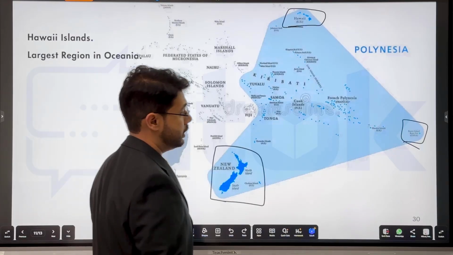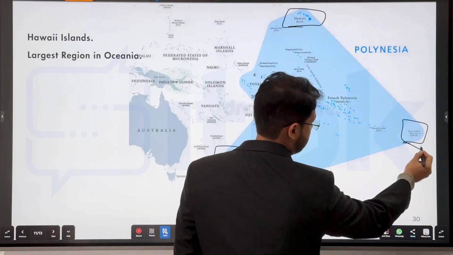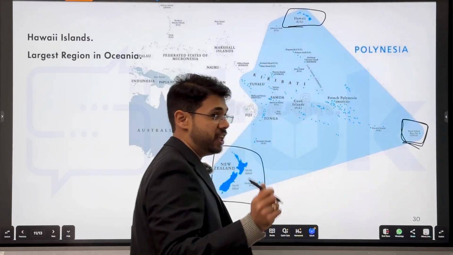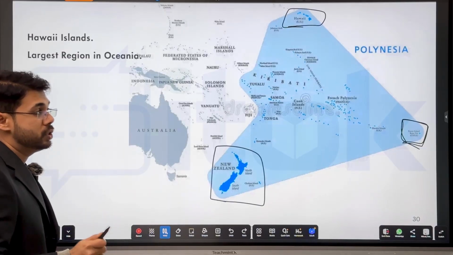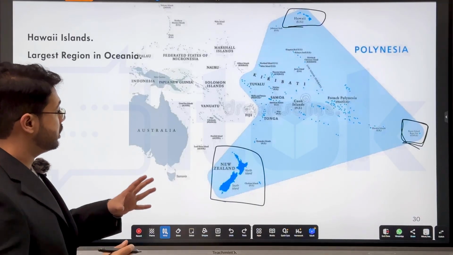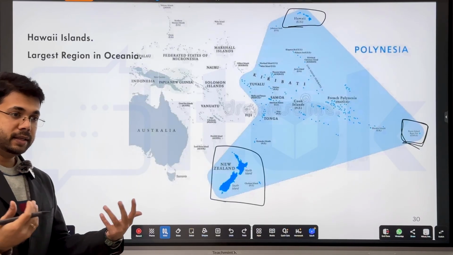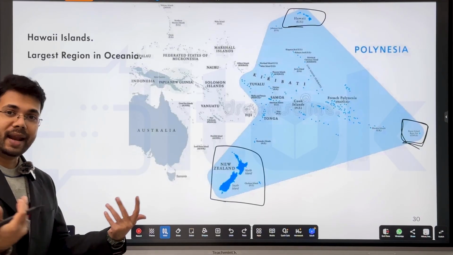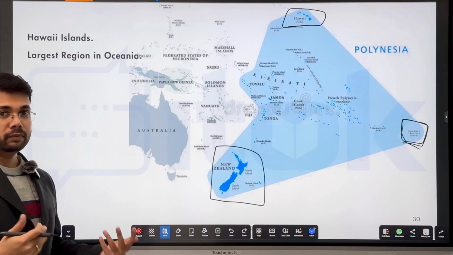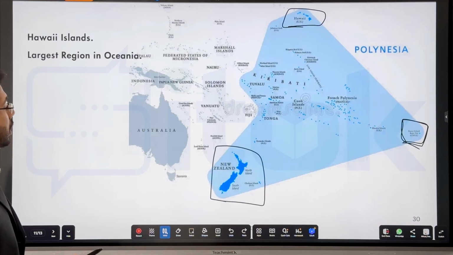In fact, this particular island over here is under the control of Chile of South America. So you see, almost every other continent is kind of overlapping with Oceania. We will read about that later as well.